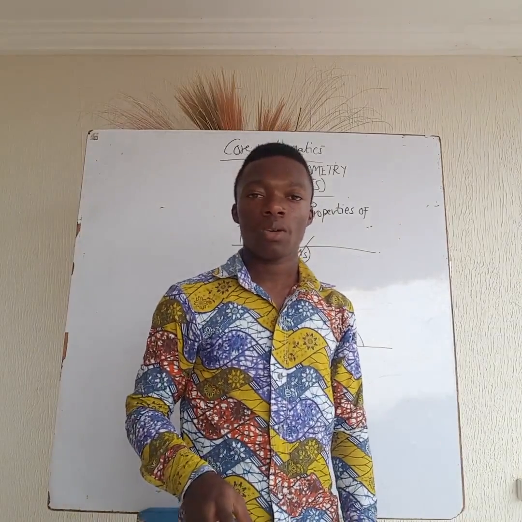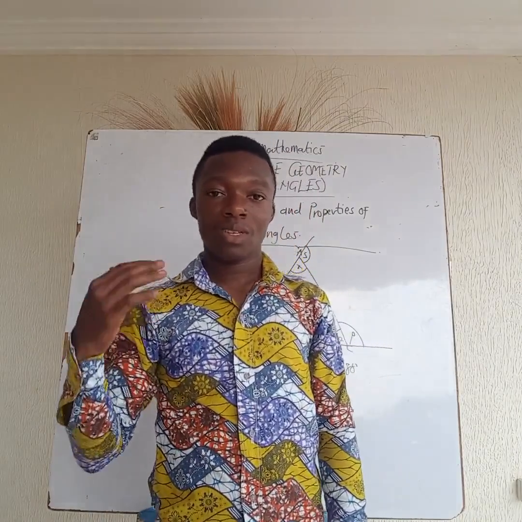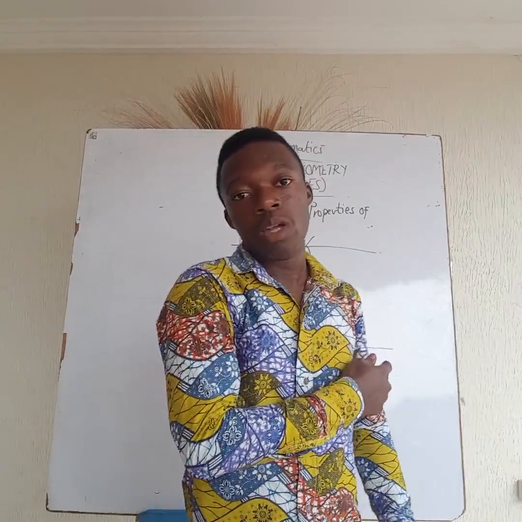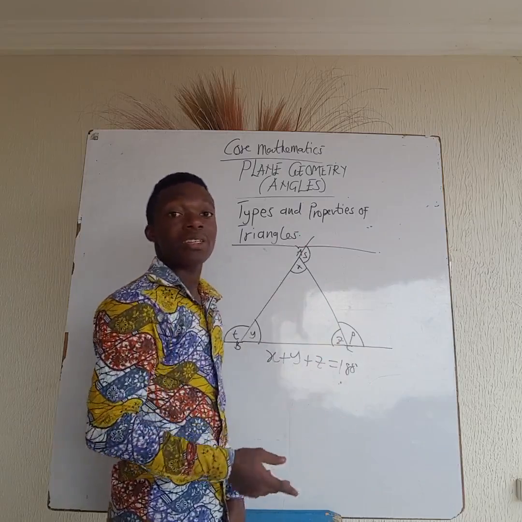An exterior angle. That's why in our learning outcomes we stated that we would learn the exterior angle theorem of a triangle, and that's what we are doing, right? So if I add up two interior angles, it gives me an exterior angle.